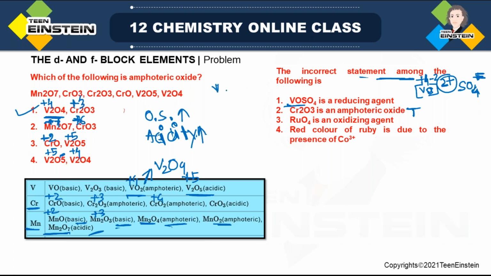Vanadium when neutral, I am writing the electronic configuration. It is after argon, 3d3 4s2. So when it is neutral, if this is the electronic configuration, then what will be the electronic configuration when it is in +4 oxidation state?